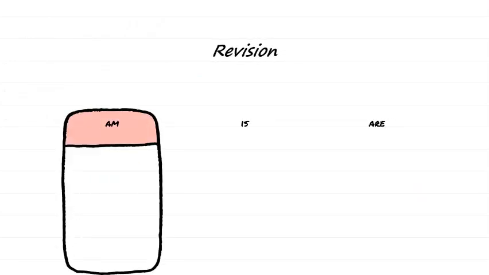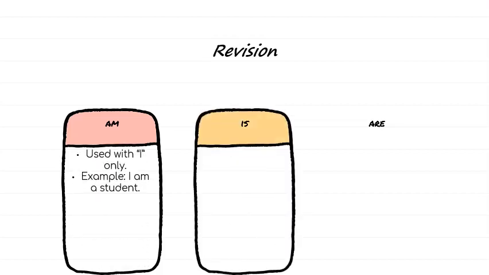Now, we are going to repeat what we have learned. So, am, we use it only with I. For example, I am a student. Is, we use it with only one thing, place, person, or animal.